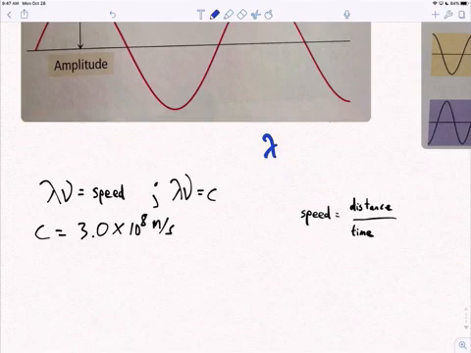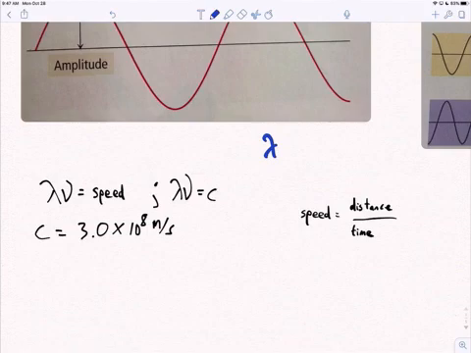And for radiation, electromagnetic radiation, the frequency times the wavelength is equal to the speed of light. C is the speed of light. The speed of light is 3.0 times 10 to the 8 meters per second. So 300,000 kilometers a second. That's 186,000 miles a second.